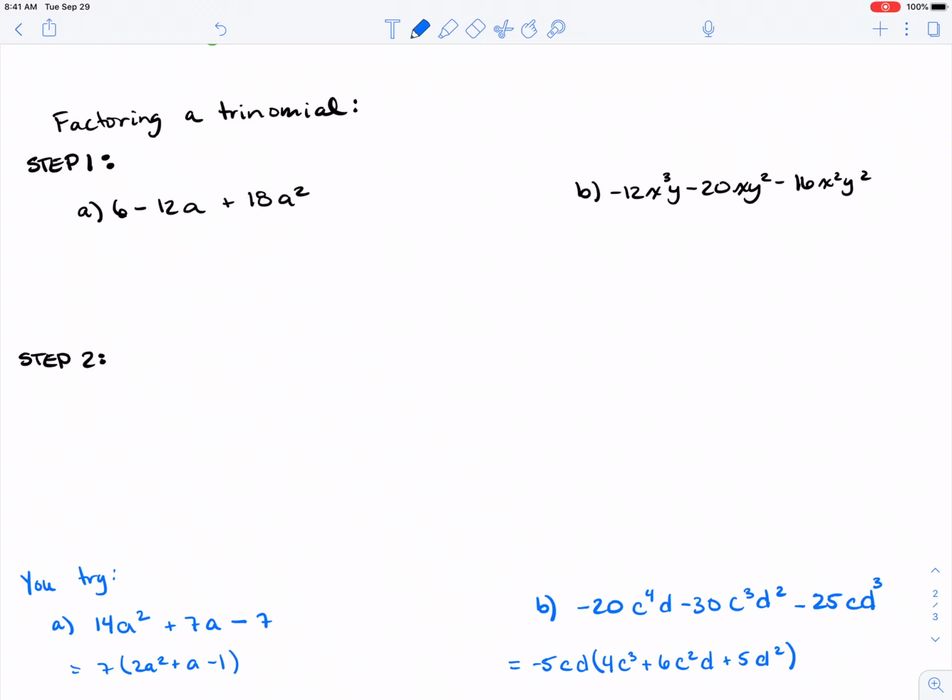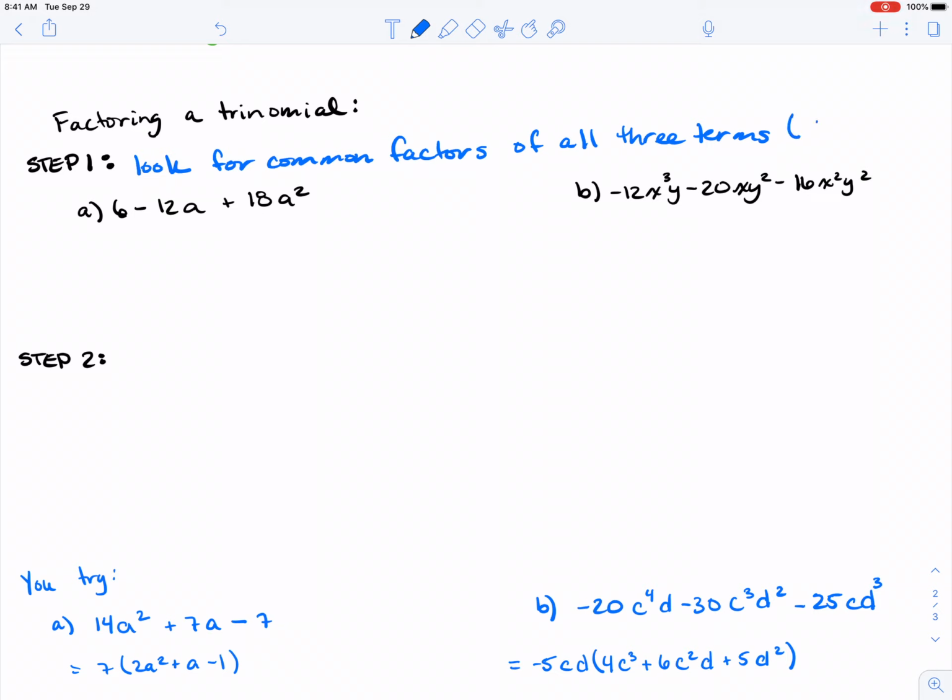The next we're going to look at is factoring a trinomial. So this is a polynomial with 3 terms. The first thing we need to look for is common factors across all 3 terms.